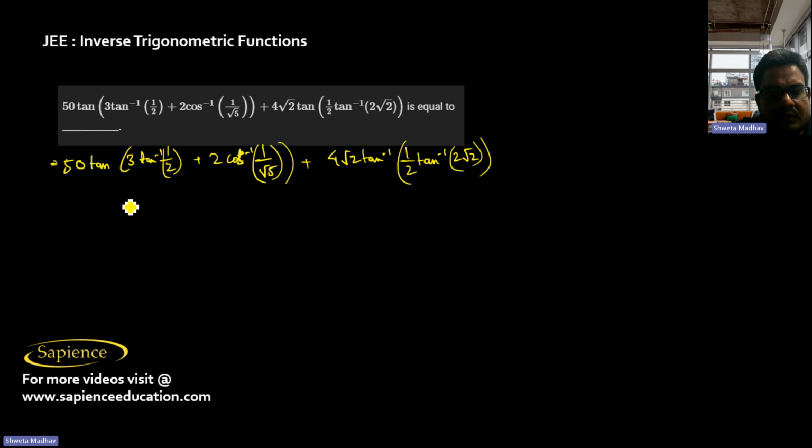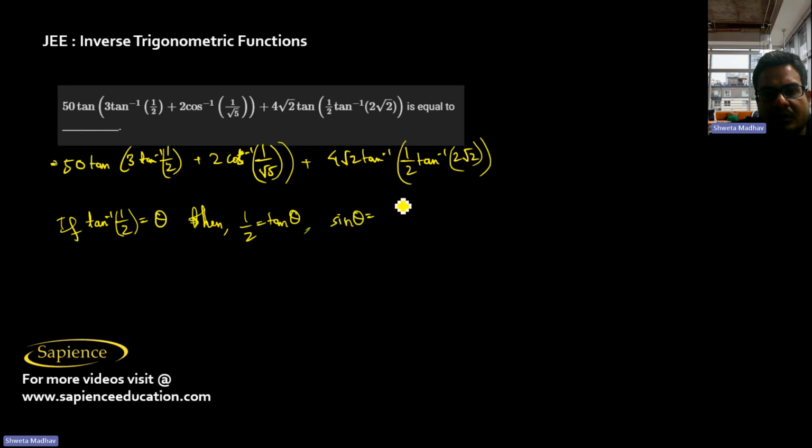So now tan inverse half. If I take tan inverse half as theta, then half is equal to tan theta, obviously. Then sine theta will be how much?